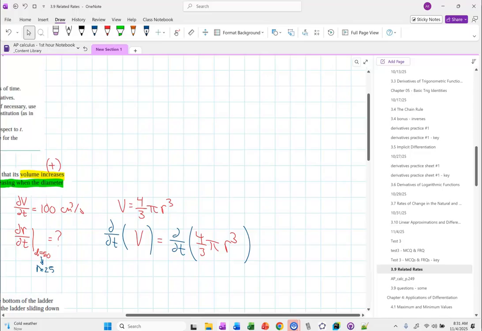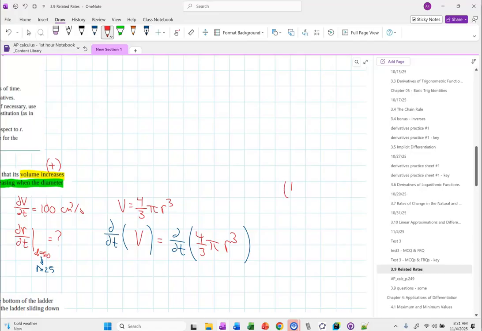What's the derivative of V with respect to t? Okay, dV/dt. What's the derivative with respect to time of 4/3 pi r cubed?